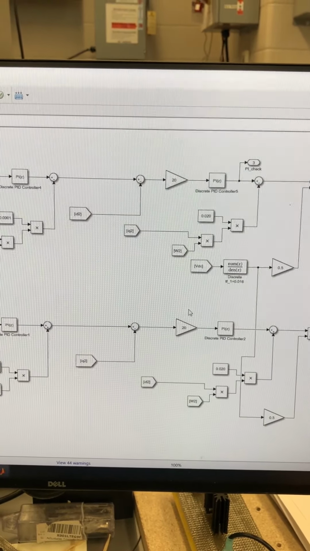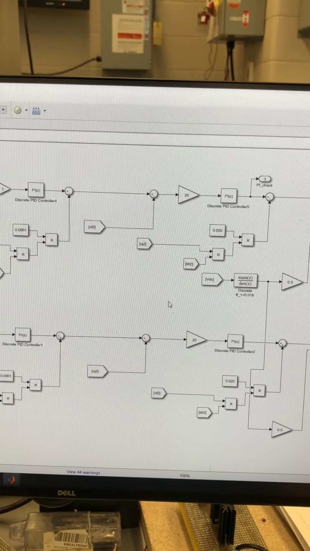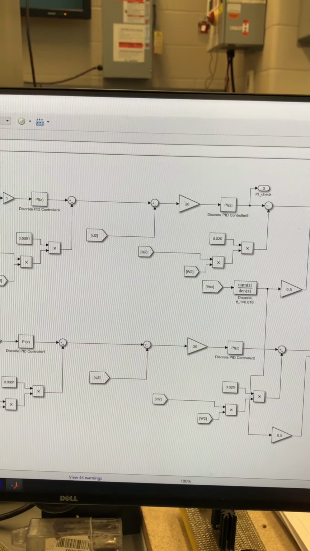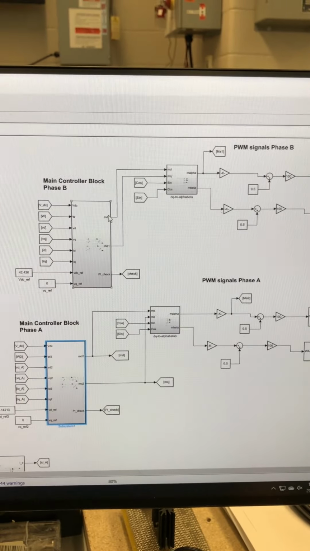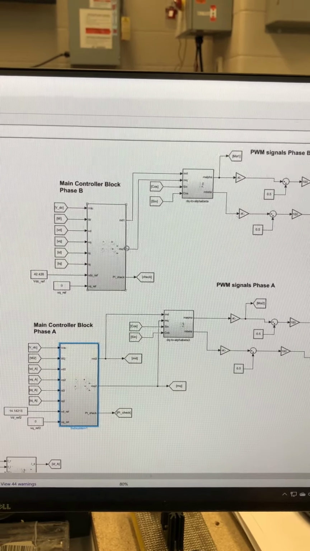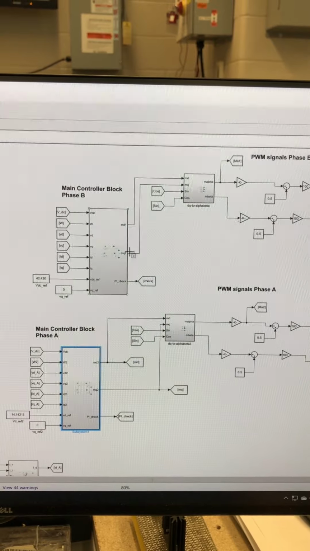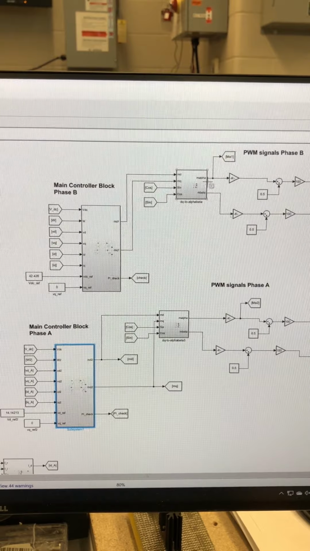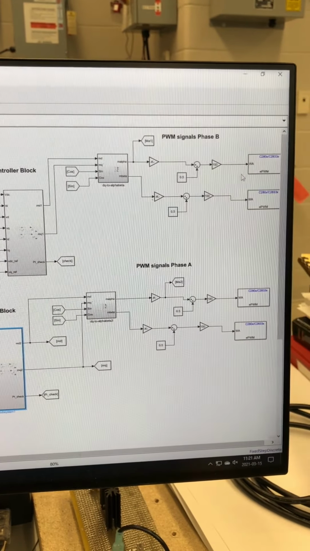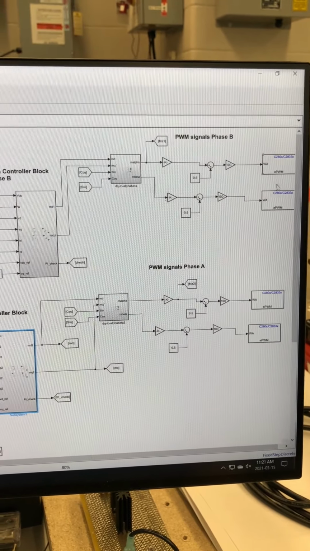So this is basically conventional control that we have for an inverter. Next we make use of the MD and the MQ components which are coming out of our controls, and then convert from DQ to alpha beta, and then use those values in order to generate the PWM signals for our gates.